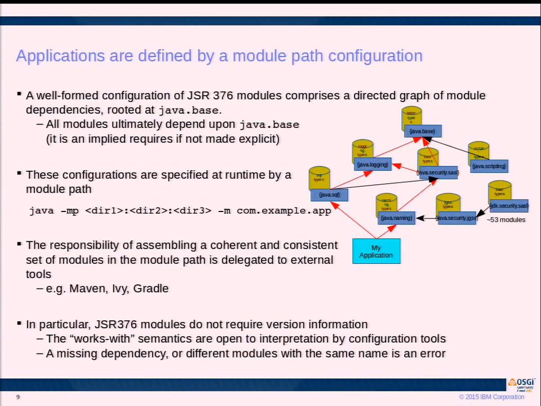And in particular, it's calling out that version information is not part of the JSR 376 modules. So those modules can carry some version information with them, but it's not considered when the modules are being assembled. What would happen if you have a module missing, or if you had two modules with the same name found on that module path, is that you'd get a compile time or a runtime error, depending on when they were seen.